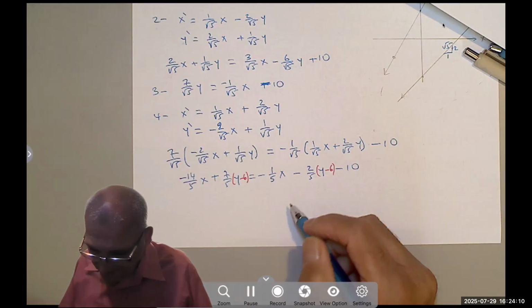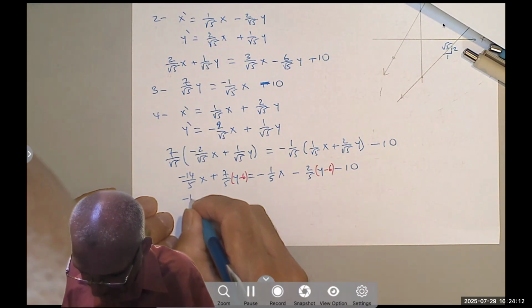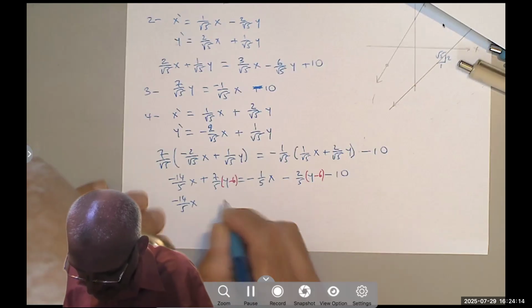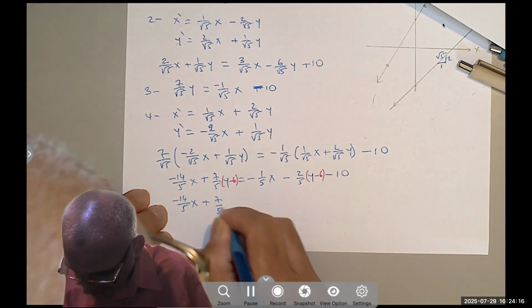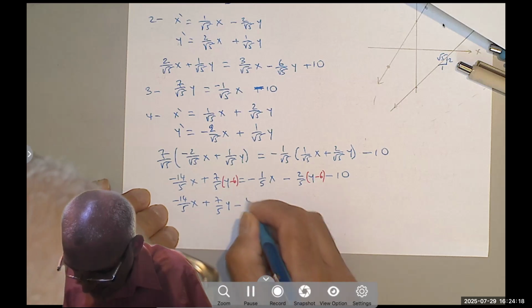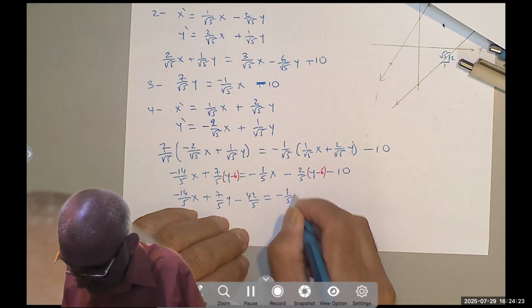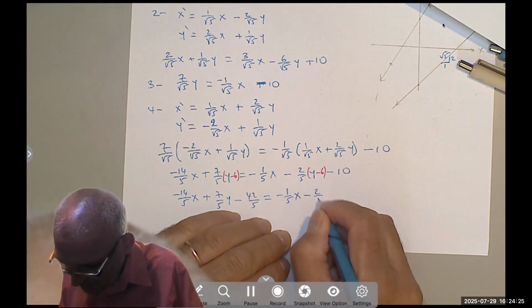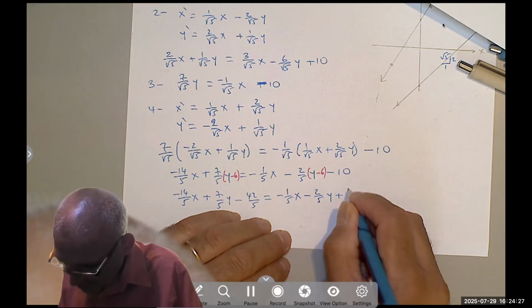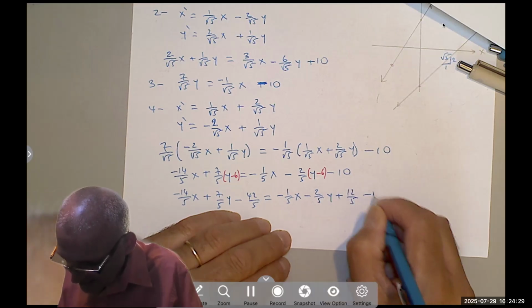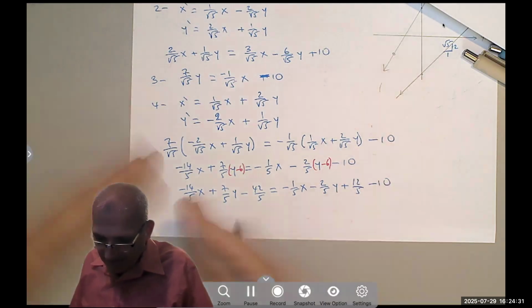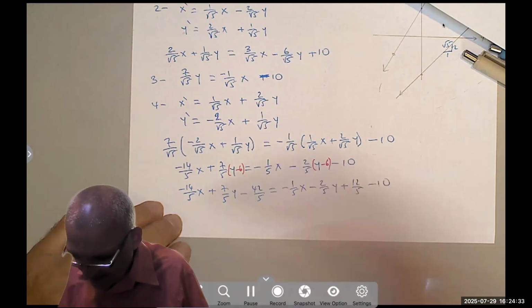And then you would say negative 14/5 x plus 7/5 y minus 42/5 equals negative 1/5 x minus 2/5 y plus 12/5 minus 10.